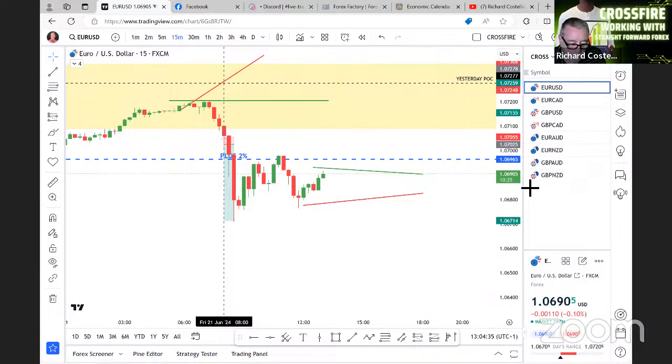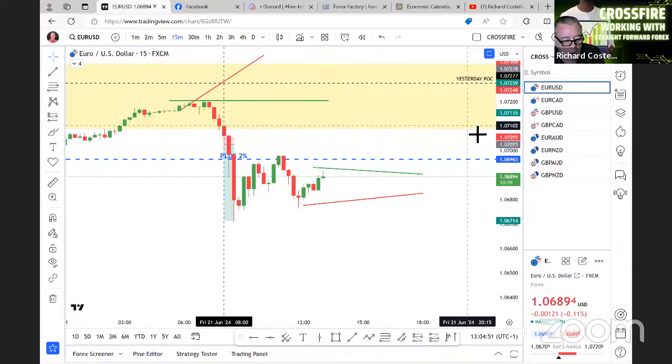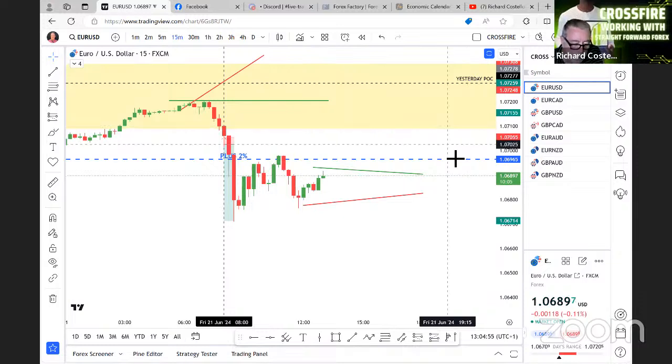If you want to trade Crossfire in the morning, that's 6 a.m. UK time, we trade these four pairs: Euro Aud, Euro NZD, GBP Aud, and GBP NZD. I also keep an eye on Euro US throughout the day, so sometimes we've seen posting results from Euro US in the morning.